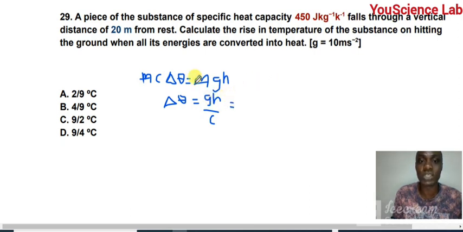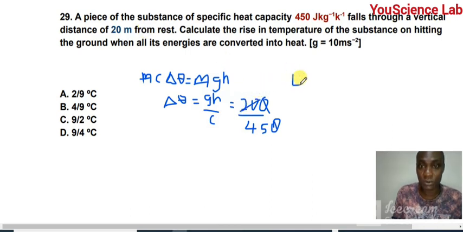So this is going to be equal to g is 10, and h is 20. 10 times 20 is going to be 200 divided by 450, that's c. So let's see, 0 will cancel 0. 5 divided by 20 is 4. And 45 divided by 5 is going to be 9. So we have 4 over 9. So the correct option is option B.